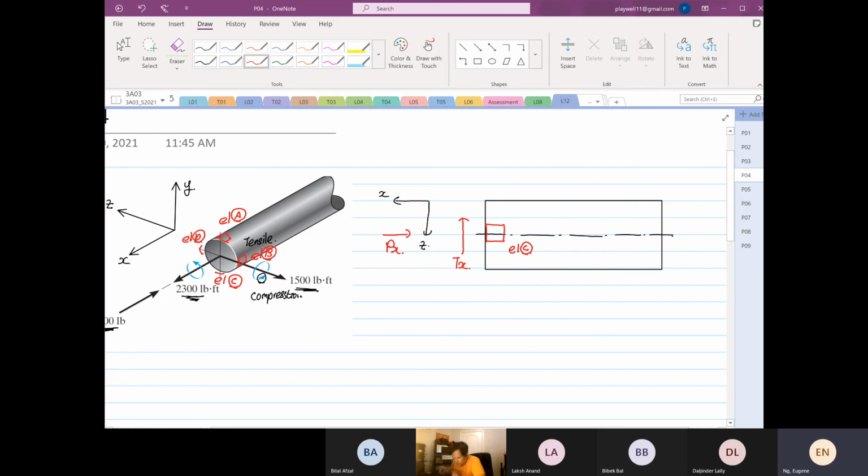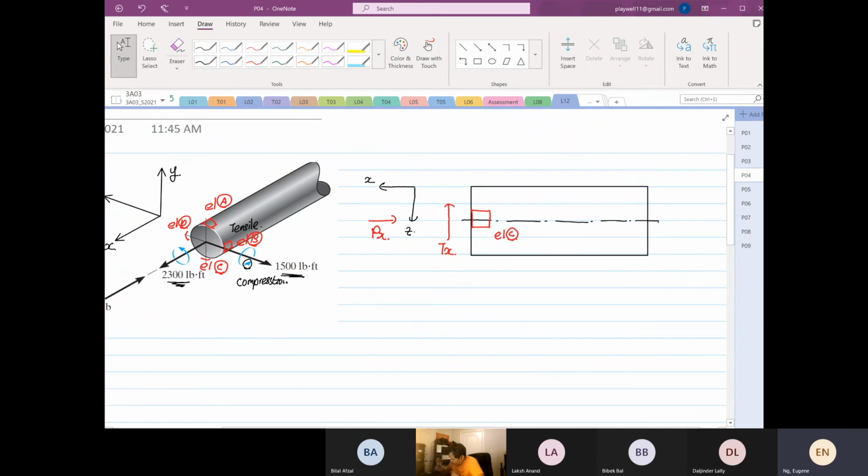Okay, so now if we were to draw how the element, based on Tx, which is inducing a shear, the element will deform this way. So why does the element deform this way?